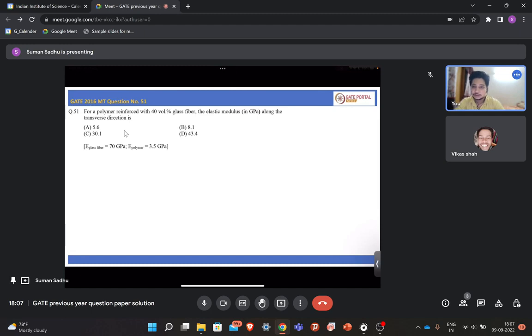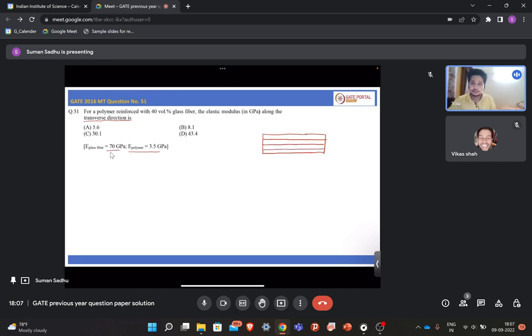Now the elastic modulus of the glass fiber and the polymer is given. So we have to calculate the elastic modulus of this composite in the transverse direction. Let's say this is the composite, and these are the glass fibers.